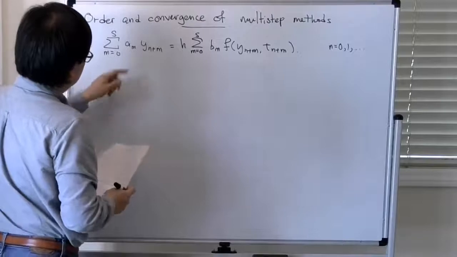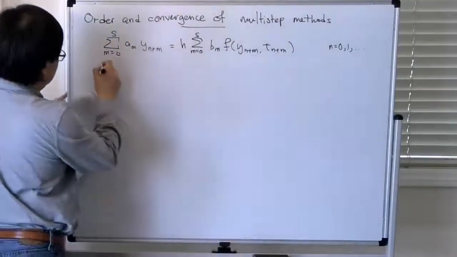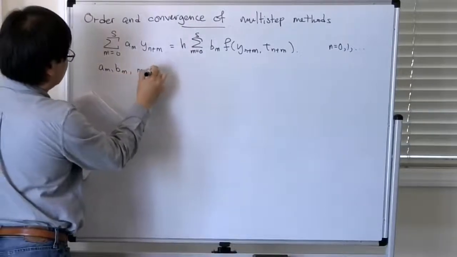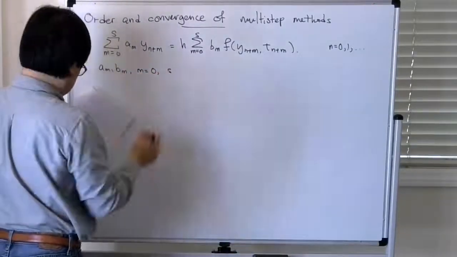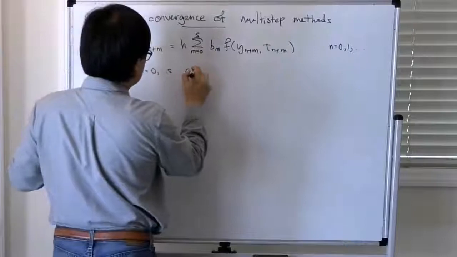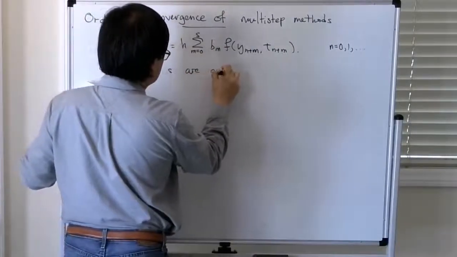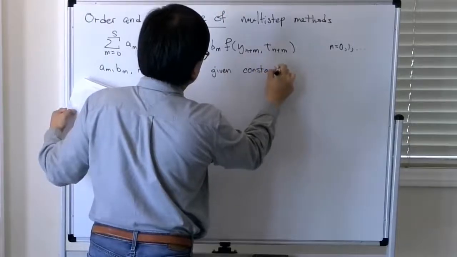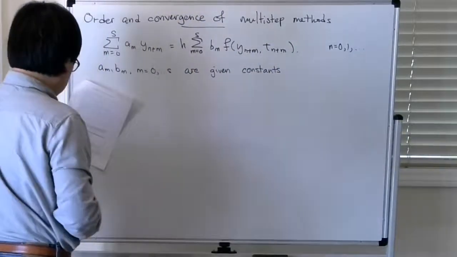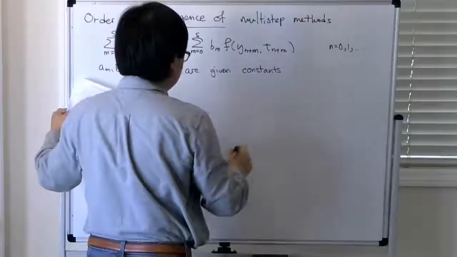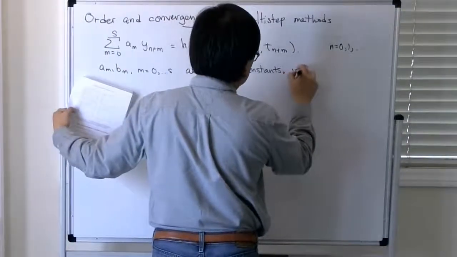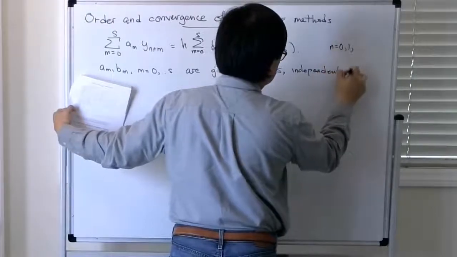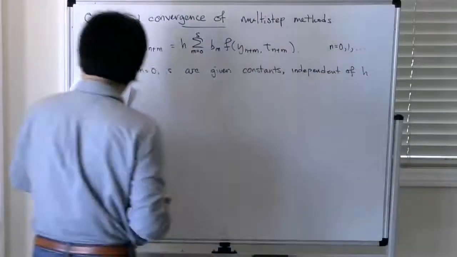And you're going to assume that the a_m and b_m for m equals 0 to s are given constants, which are independent of h, which is the time step.